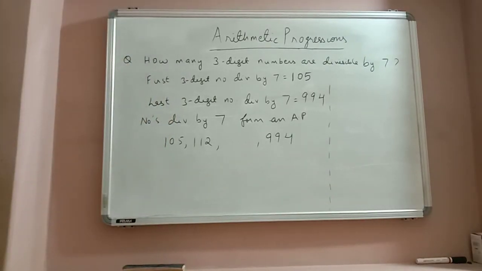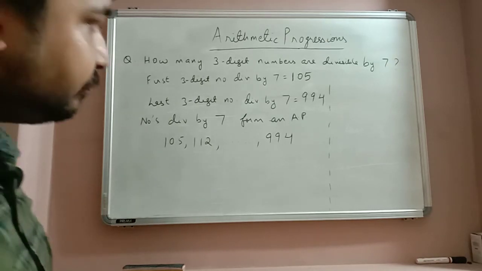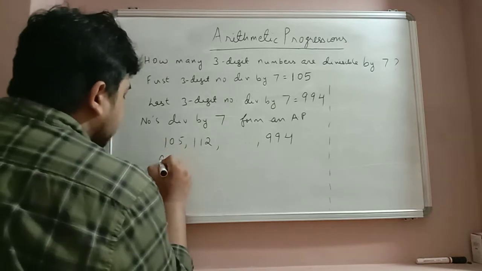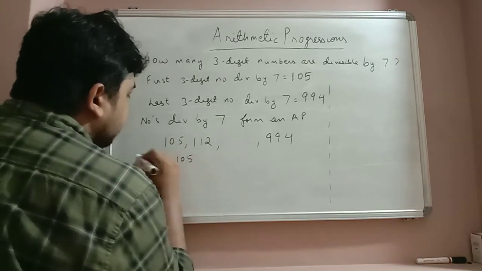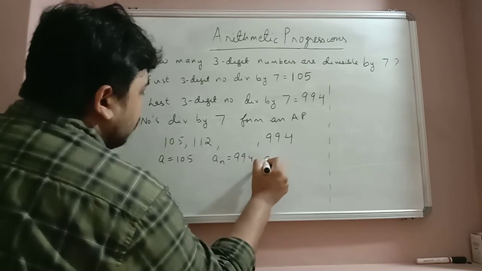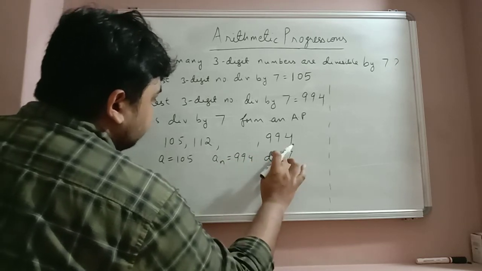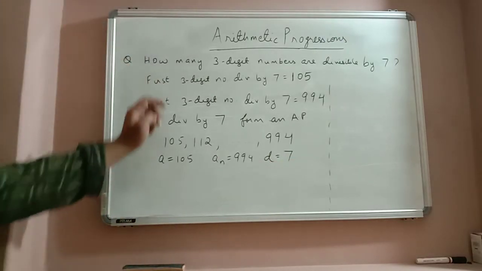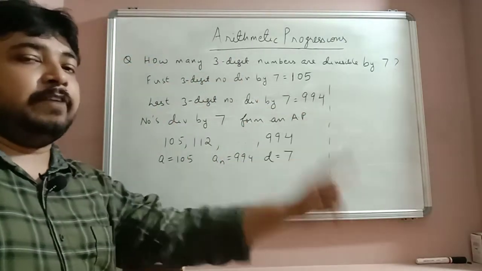I hope this much is clear to everyone. Here the first term is 105, the last term an is 994, and our common difference is 7. We need to find n, the number of 3-digit numbers.